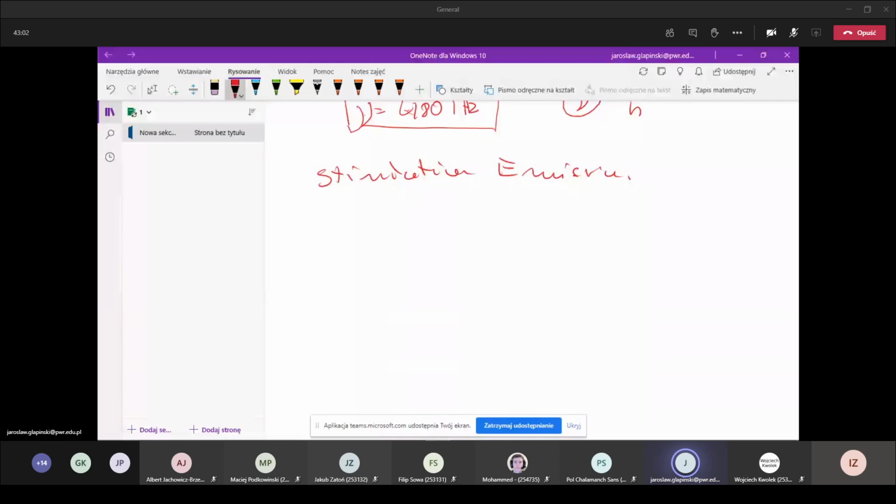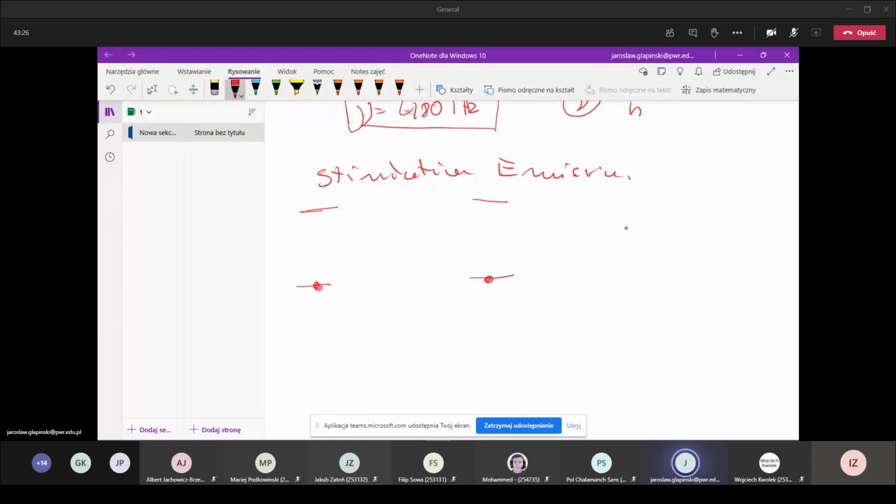What does it mean? It means that if we've got a similar situation, maybe we've got two atoms, it's the simplest.